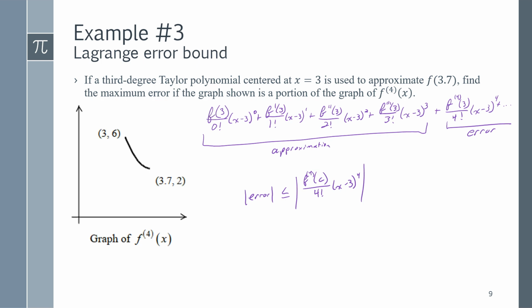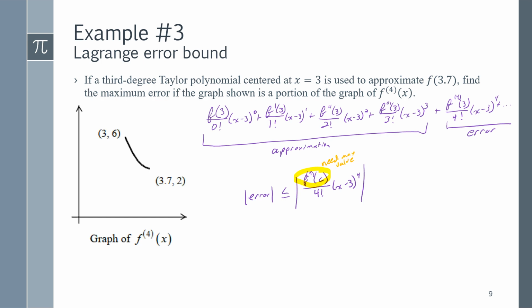So I want the derivative part here to be a maximum. I want its maximum value. Whether I know what c is or not doesn't really matter. The goal is I need the maximum value of that derivative.